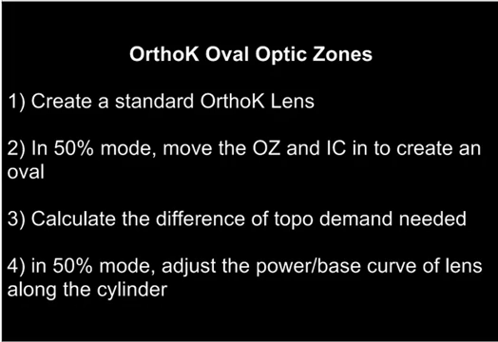To recap the steps to create an Ortho-K oval optic zone, remember, we're just starting with a standard Ortho-K lens, and then in 50% mode we'll move the optic zone and the intermediate curve in to create the oval. I like to move it into about 5.6 and 6.2 in most cases. Then simply calculate the difference of the topo demand needed, and in 50% mode adjust the power or base curve of the lens along that cylinder to the desired amount.